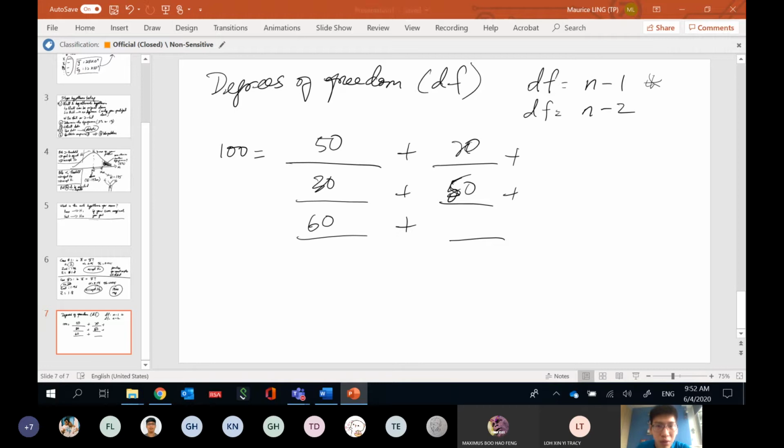So this is 50. So what is the last number? 50, 30. So would it be 40? How on earth do you get 40? All these 6 numbers add up to 100, you know?